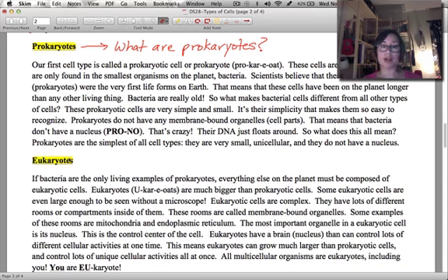The type of cell found in the organism determines which category the living thing will be placed in.